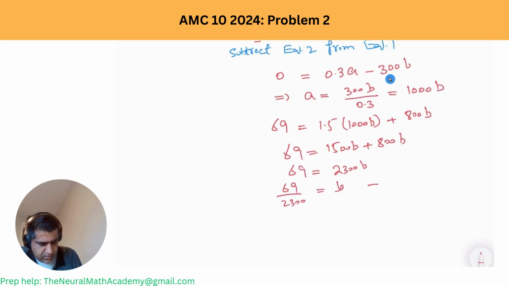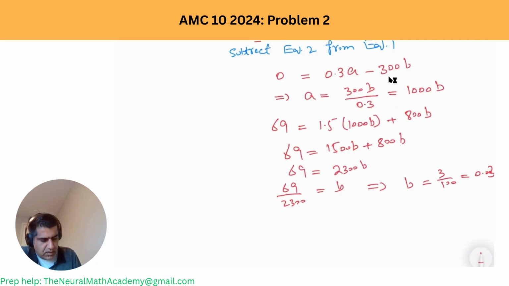if you solve it, you would then get 3 over 100, right? Or you get 0.03.